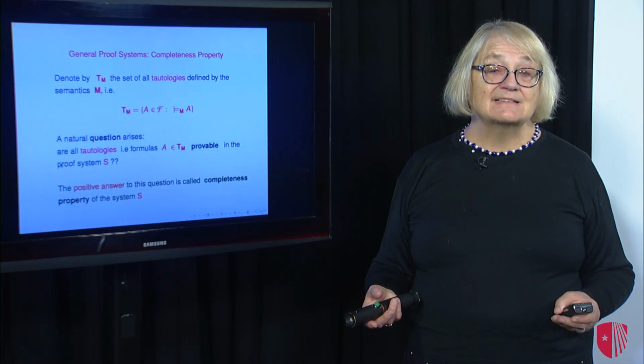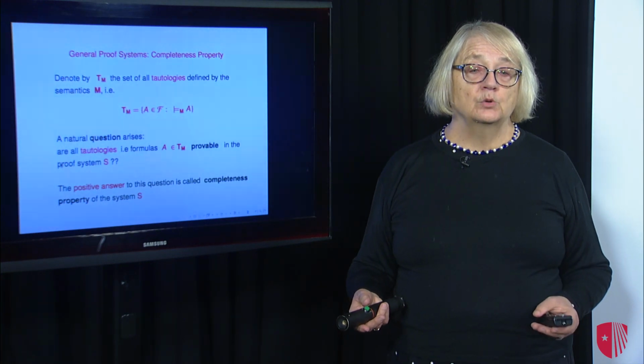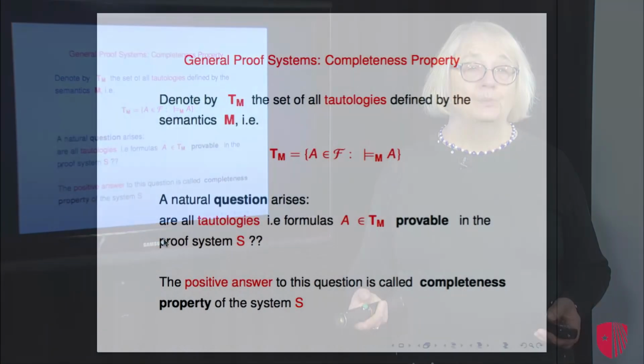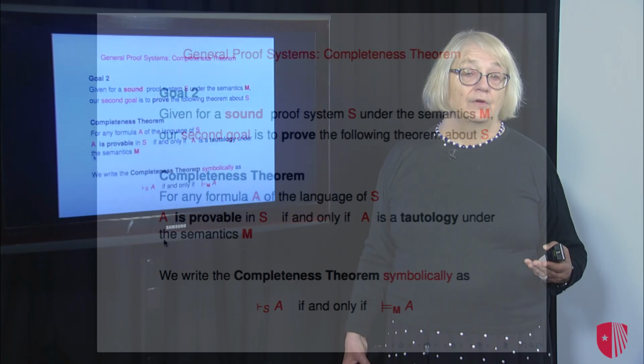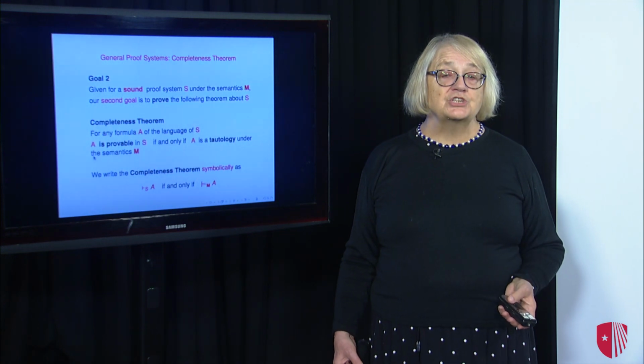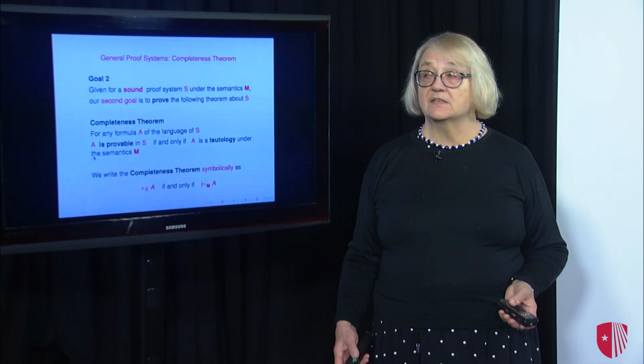And a positive answer to this question is called the completeness property of the system S. So when you build a proof system for any logic or for any theory, if you know that your proof system is sound under your semantics, our second goal is to prove the theorem, which is called the Completeness Theorem.